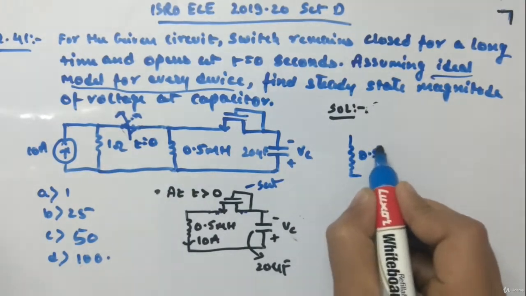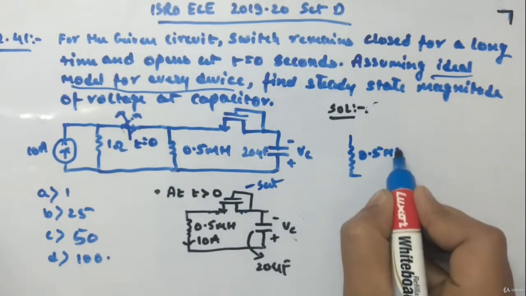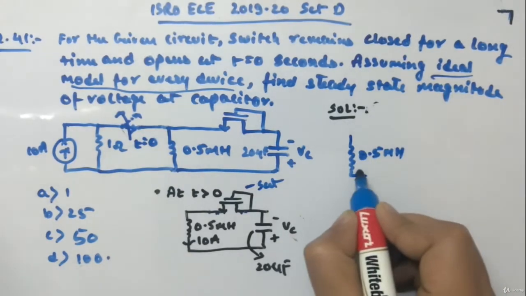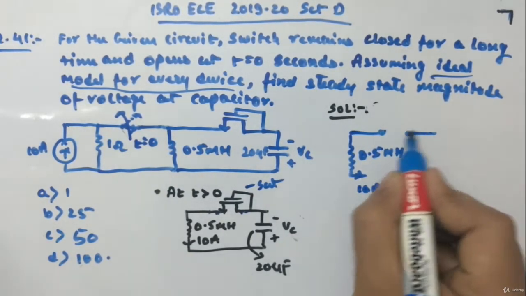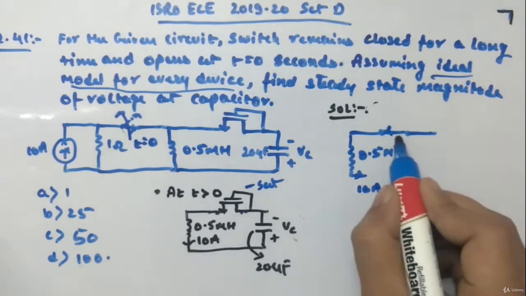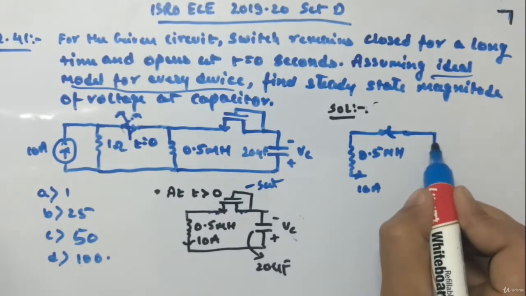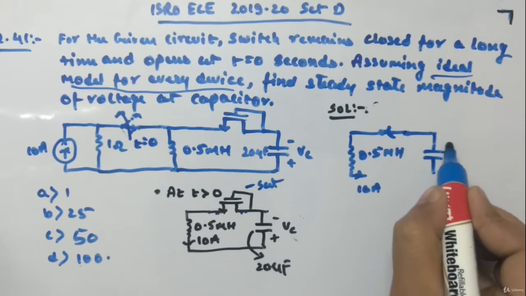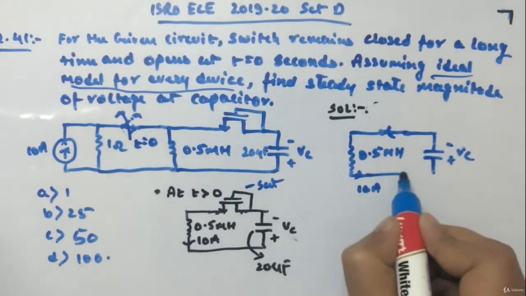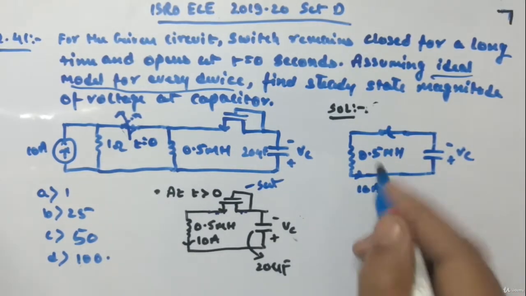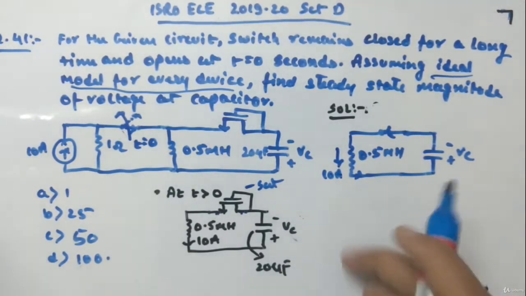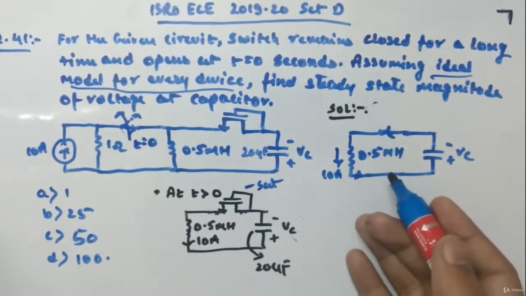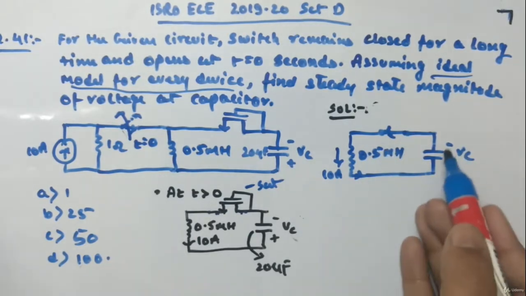So 0.5 millihenry, the current going here is 10 ampere, and this will behave as a switch. This is the capacitor, negative, positive, VC. This is charged with 10 ampere current. Now we have this circuit, one charged inductor and one capacitor.